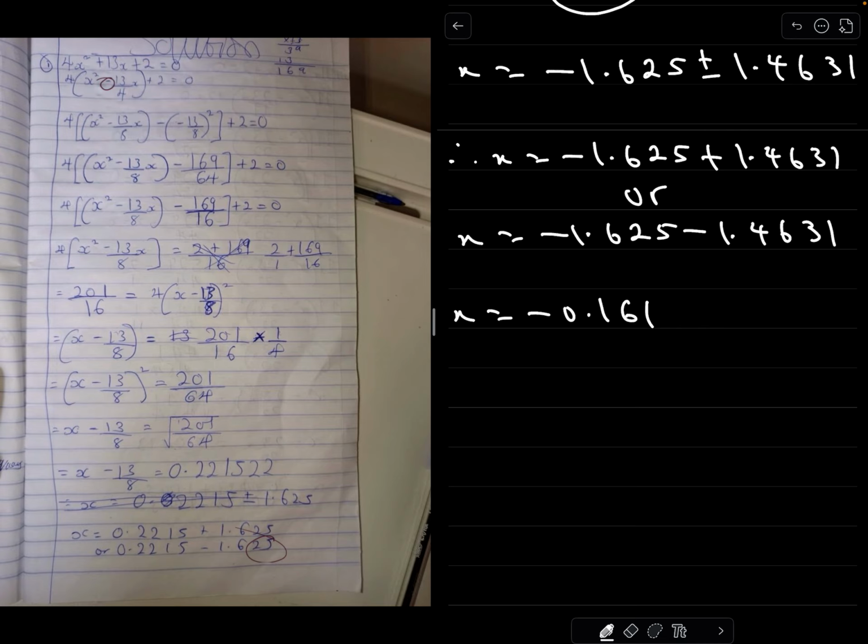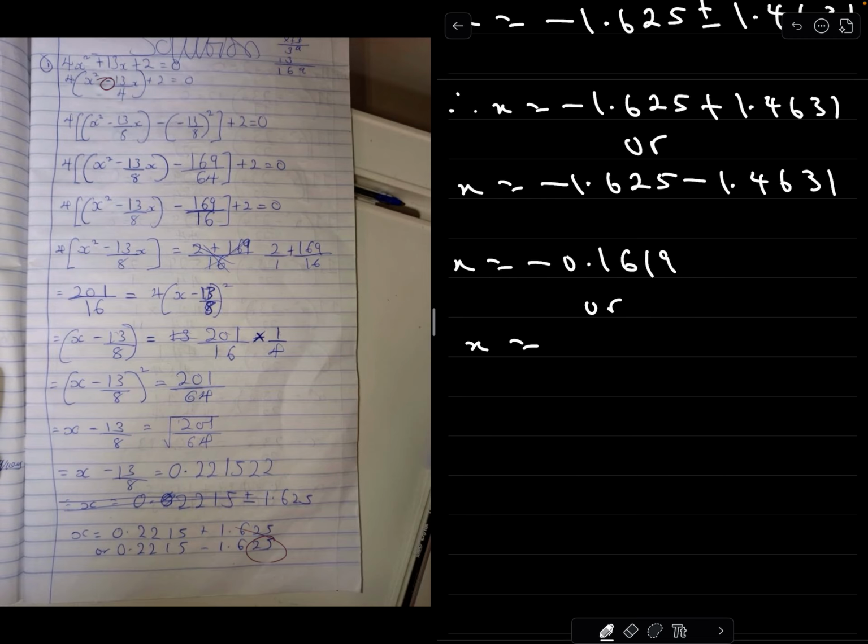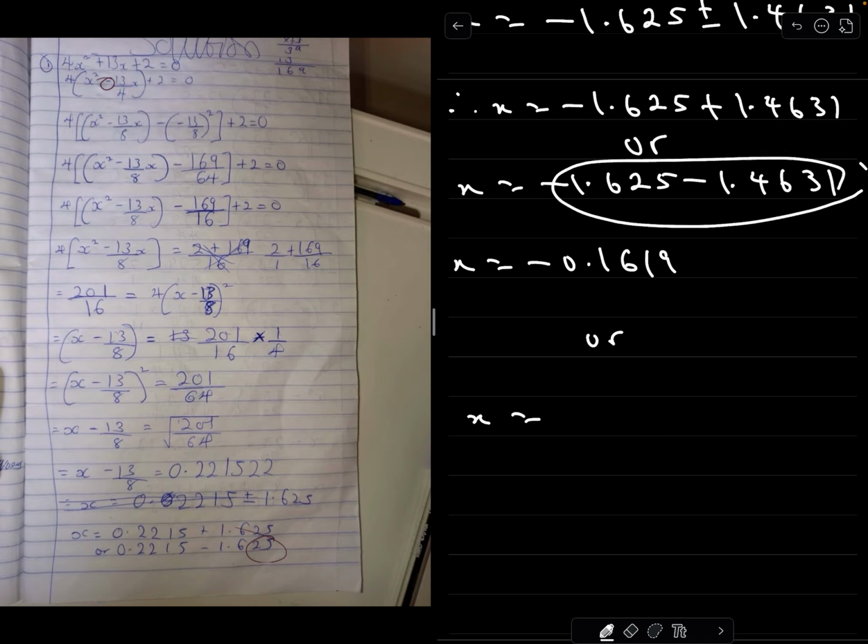Minus 1.625 plus 1.4631 is equal to minus 0.1619, or x equals minus 1.625 minus 1.4631. This is what we are doing now.